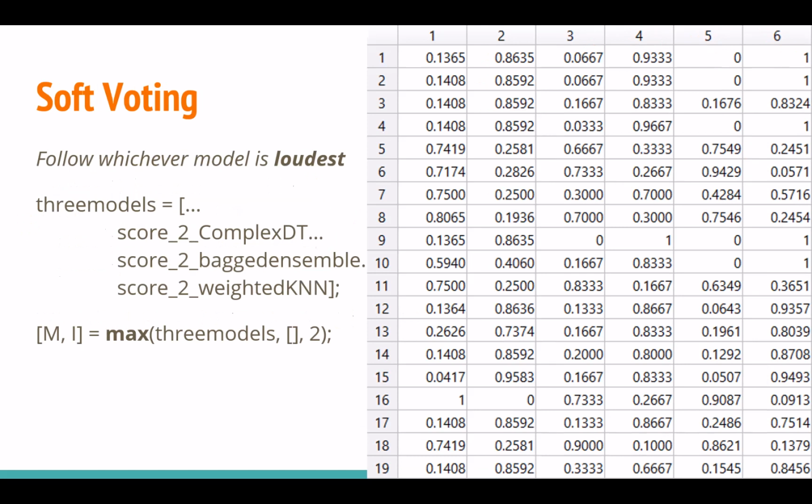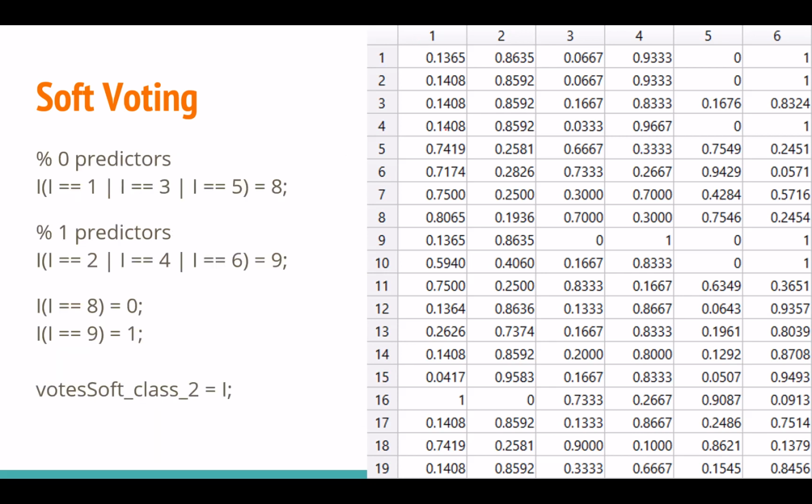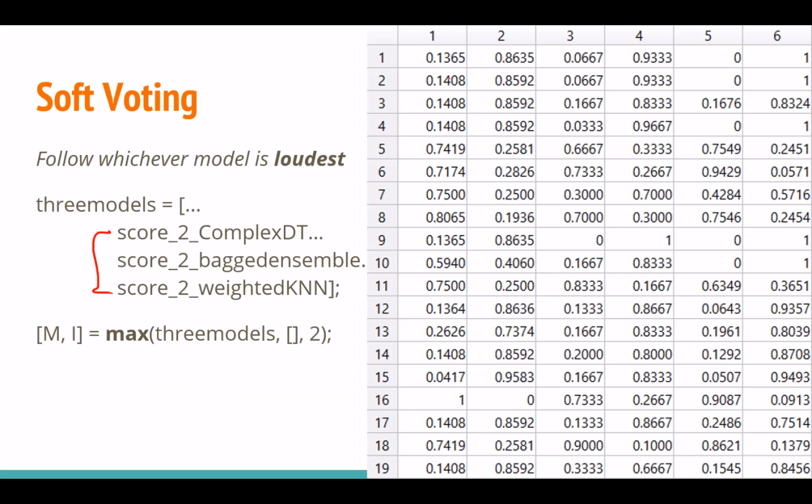Soft voting is whichever model screams the loudest gets the vote. Here I have the 3 models, but I have 6 predictors, and so this is actually model 1 predicting class 0. This is model 1 predicting class 1, model 2, etc., etc. So you see that these two columns add up to 1.